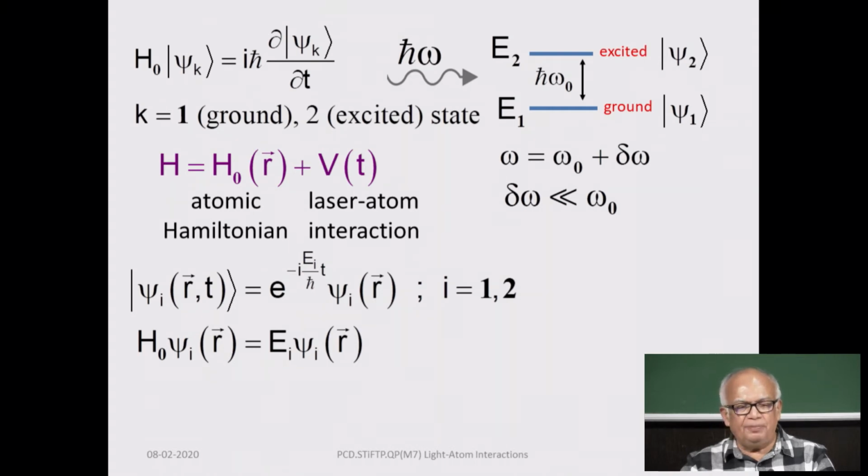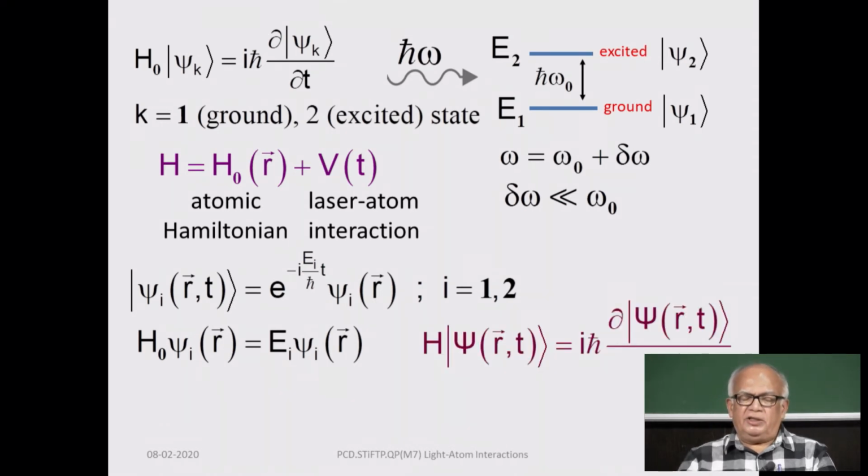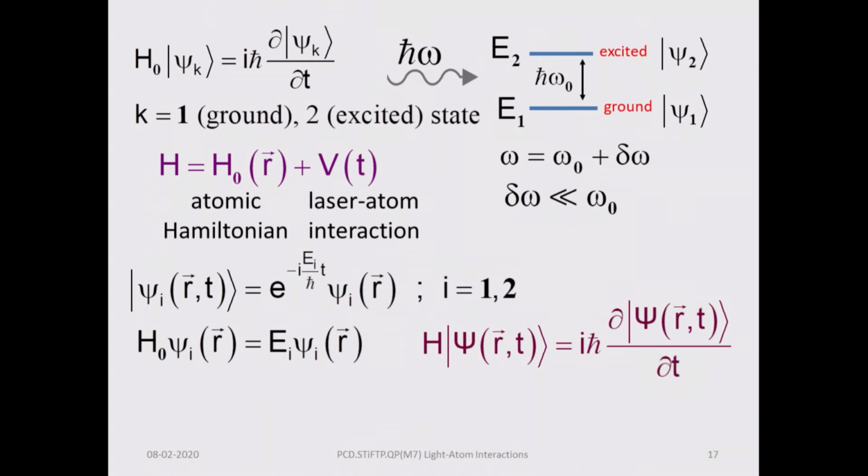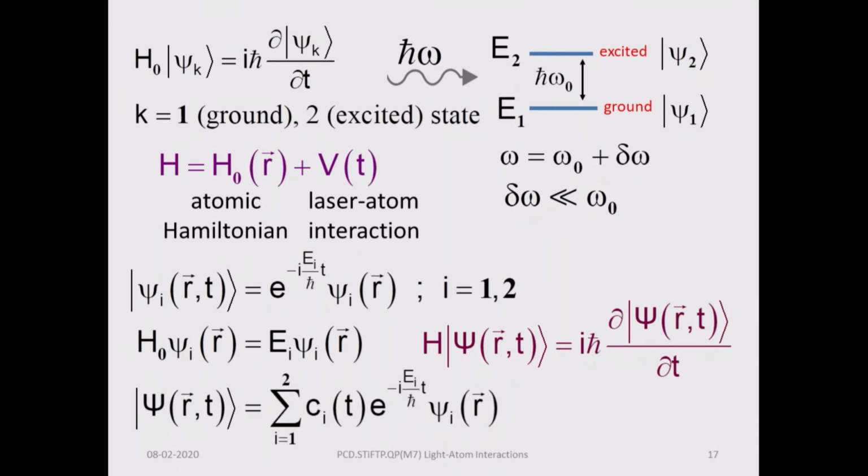But the general Schrodinger equation for this system is H psi equal to i h cross del psi by del t, where the wave function psi is now a superposition of the basis states psi 1 and psi 2.